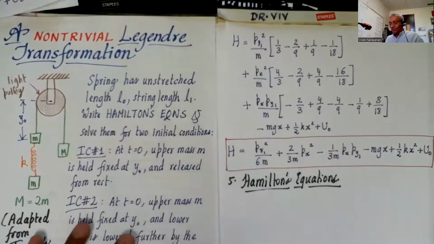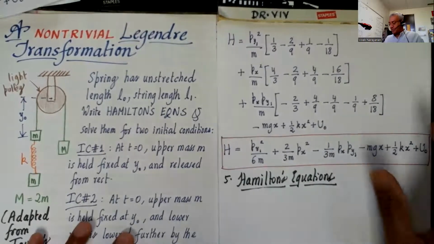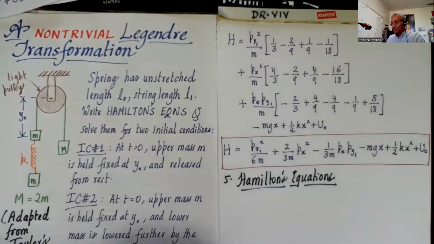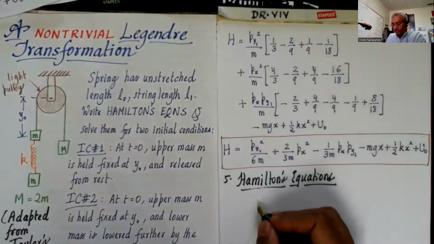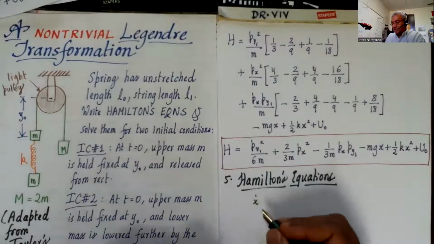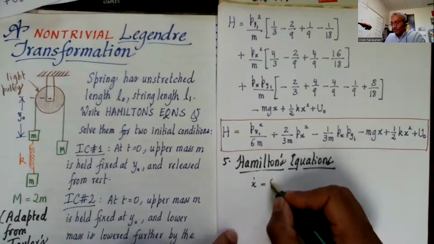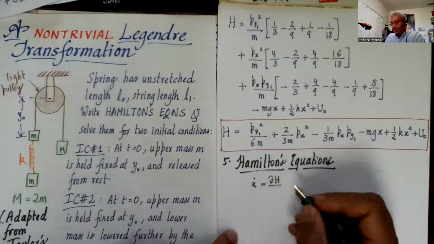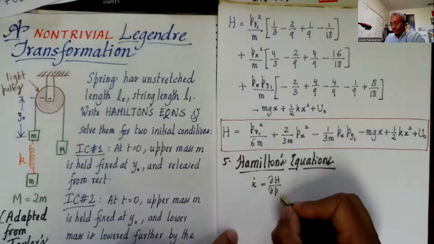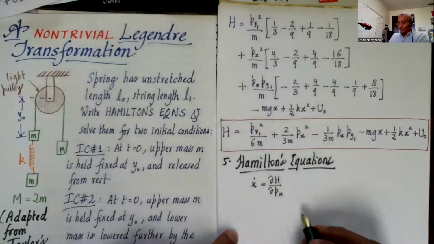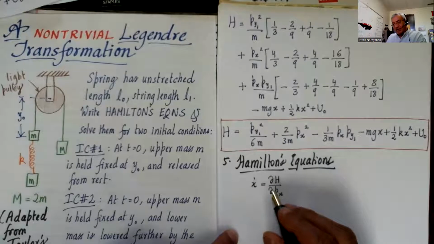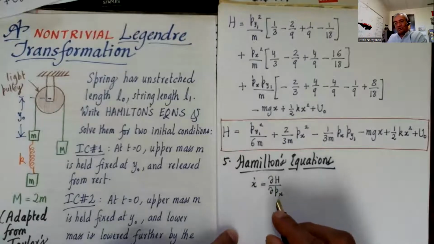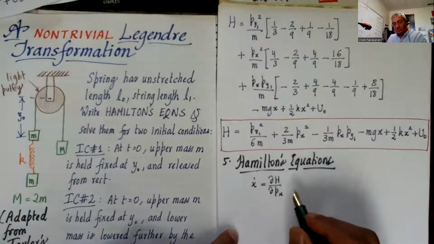So Hamilton's equations are got by following Hamilton's recipe. So Hamilton said x dot will be del H by del px. Now, this half of Hamilton's equations is a waste of time. It just recovers the Legendre transformation.